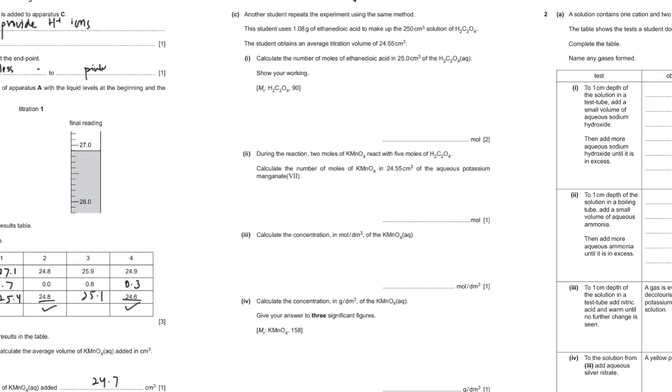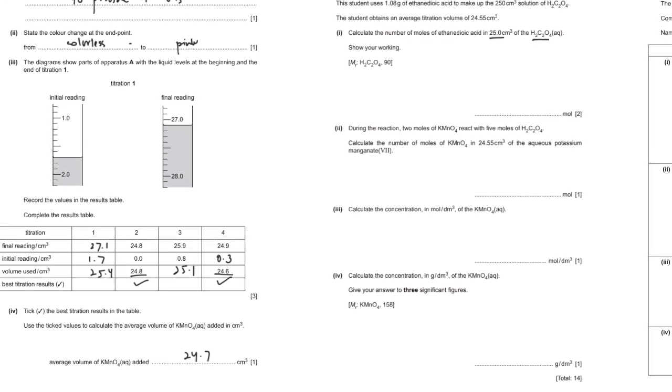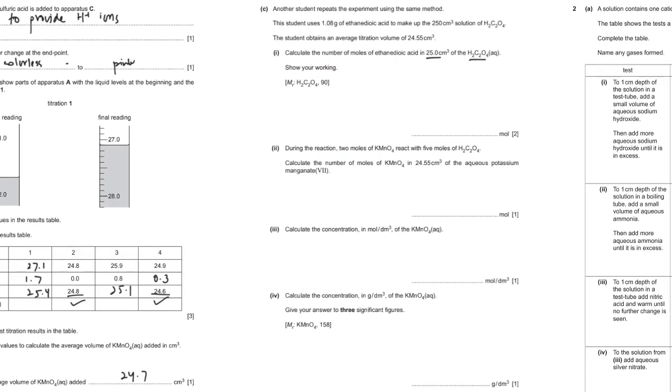Okay, the next part is calculate the number of moles of ethane dioic acid in 25 centimeter cube of this. Okay, we need to find the moles. So you have calculated the volume of KMnO4. The student uses 1.08 grams of ethane dioic acid. So he has given you the mass of ethane dioic acid. So we just need to calculate the moles of ethane dioic acid.